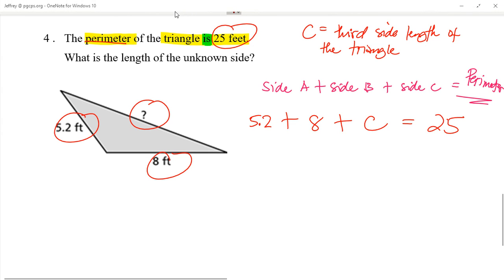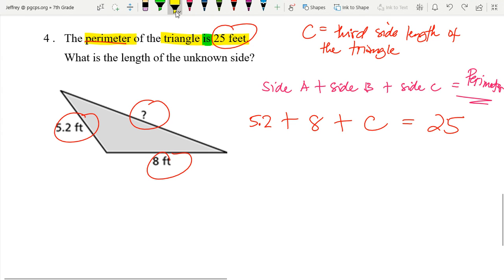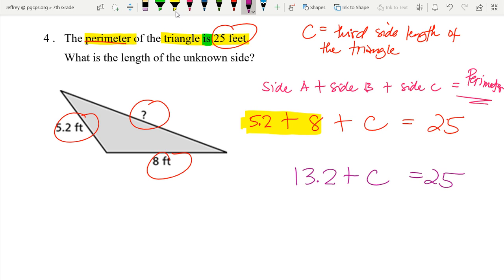So I need you to simplify 5.2 plus 8, and that should give you 13.2 plus C is equal to 25. So we simplify this by adding it up, and that equals 13.2. Now, let's solve for C by doing the inverse operation of 13.2.